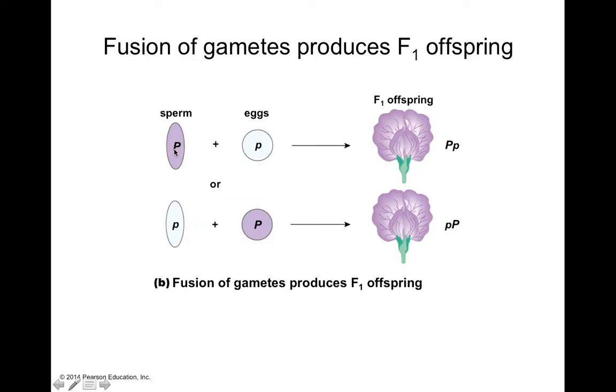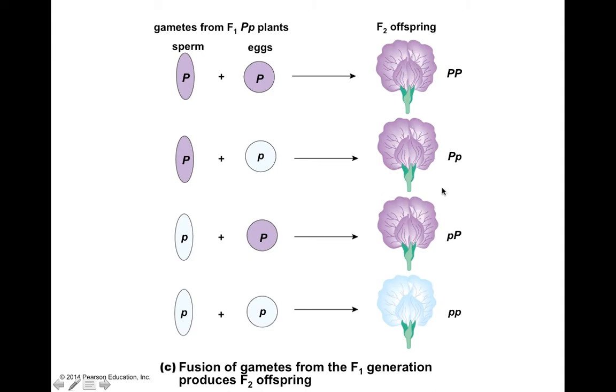Now, if we cross these, it doesn't matter whether the sperm is carrying the purple and the egg is carrying the white, or the sperm is carrying the white and the egg is carrying the purple. Either way, the combination of a dominant and a recessive allele is going to come out with an offspring that has a purple phenotype. Phenotype being an outward appearance, even though they are heterozygote. So the genotype is heterozygote, but the phenotype is purple.